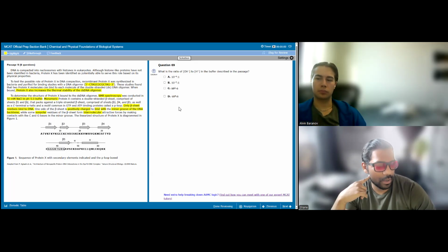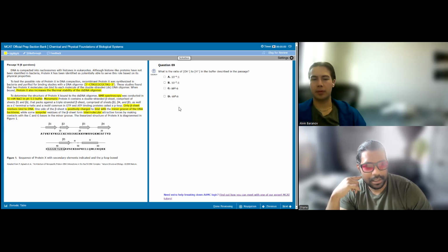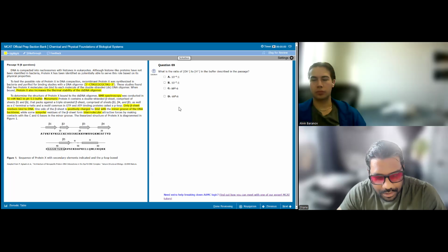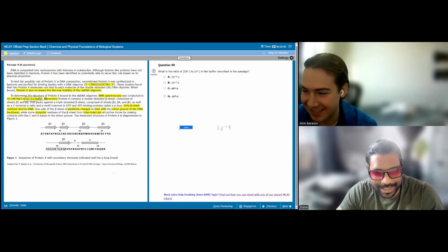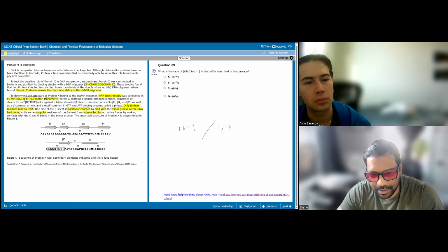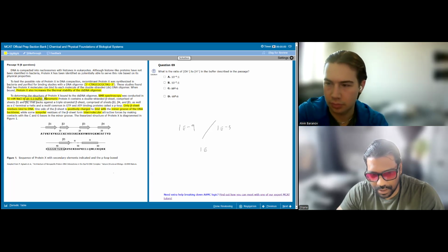So all right, now a pH of 5 would mean, let's say, 1E negative 5 for the H plus, and 1E negative 9 for the hydroxyl, and the ratio of these is going to be 1E negative 9 plus 5, negative 4.